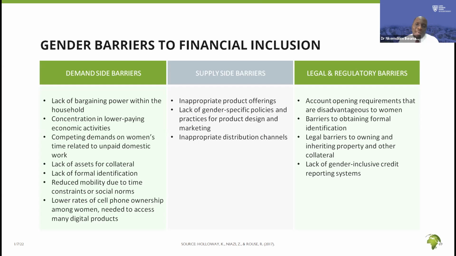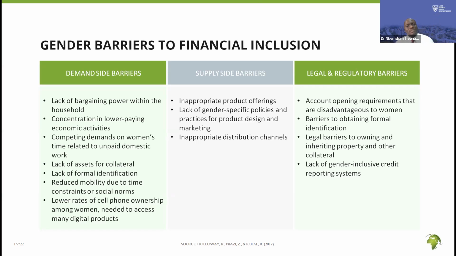Now, let's look at some barriers that exist at the level of the financial service provider. So when we talk about supply side barriers, we're talking about barriers that exist on the side of financial service providers. Now, number one, inappropriate product offerings, absence of gender intentionality, and prevalence of gender neutrality or gender ignorance, if you permit me to use that language.